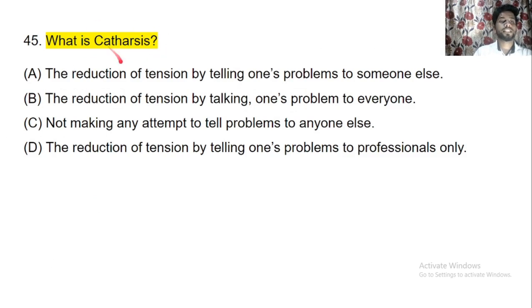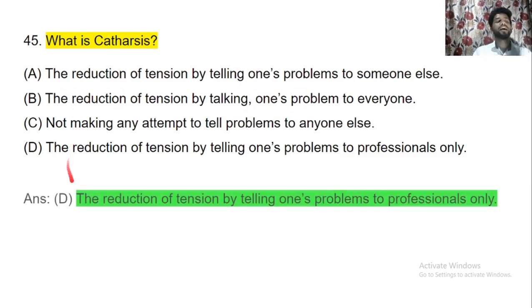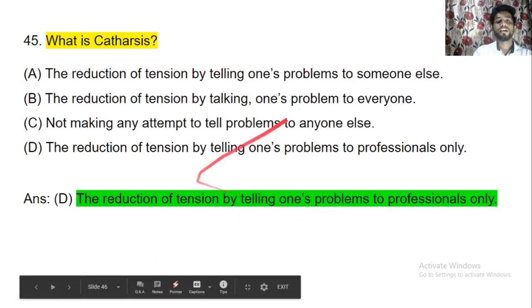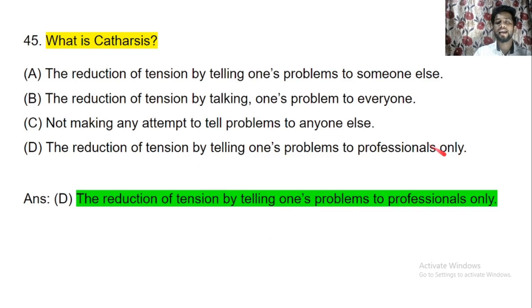What is catharsis? Okay, catharsis is reducing tension by telling one's problem to professionals only. Remember, sometimes people take it as telling anyone else, but no, catharsis is the reduction of tension by telling one's problem to professionals only.